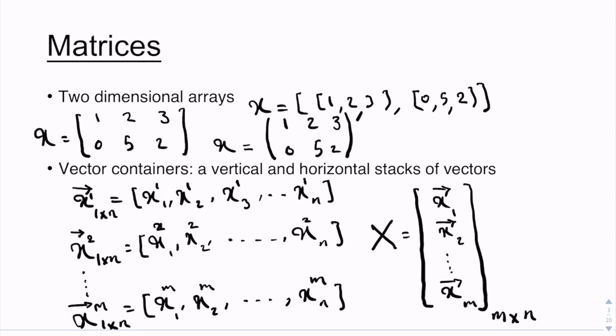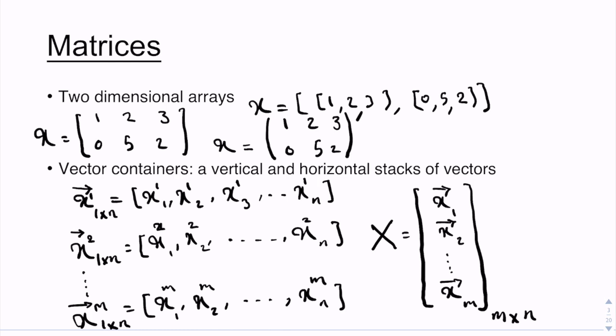So a matrix is a stack of vectors, either stacked horizontally or vertically. Note that all of these vectors belonging to this matrix should have the same dimension. Otherwise, you cannot stack a vector of dimension 2 on top of a vector of dimension 3. So these are two ways of showing a matrix.